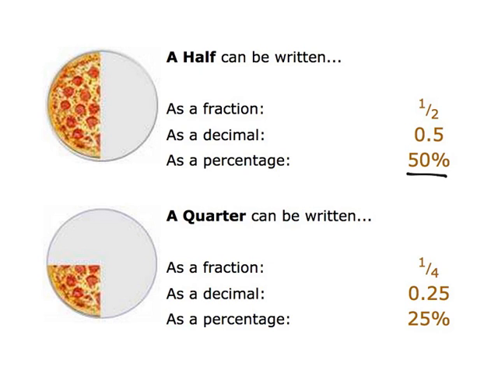The same thing for a quarter. As a fraction, a quarter is 1/4, as a decimal it is 25 hundredths, and as a percent it is 25%. So it's just a little graphic so that we can illustrate how percents, decimals, and fractions relate to each other.